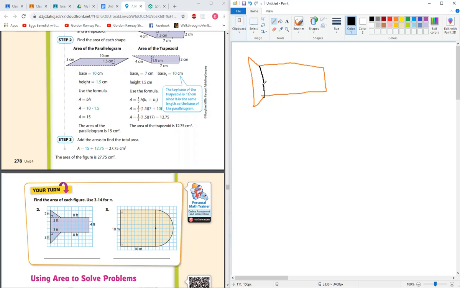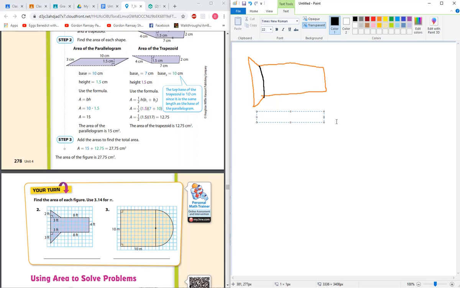So that means that in order to get a trapezoid, I need to know the area of a trapezoid is equal to base 1 plus base 2 times the height, all divided by 2.